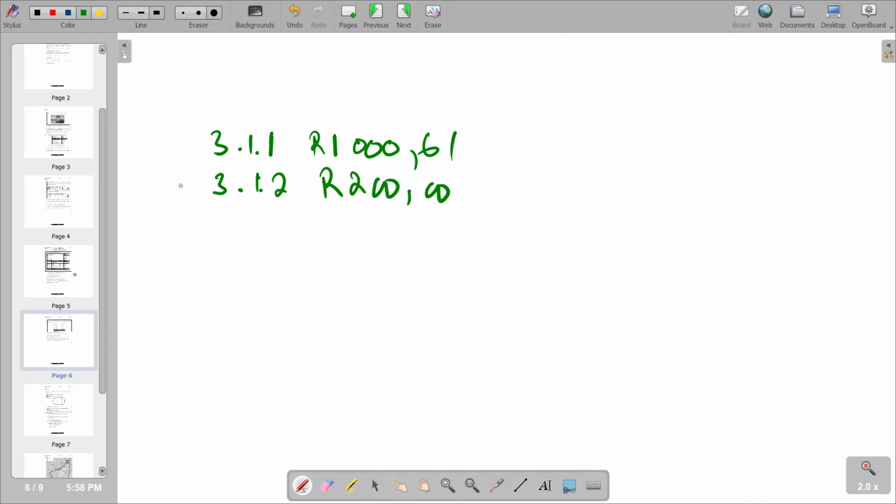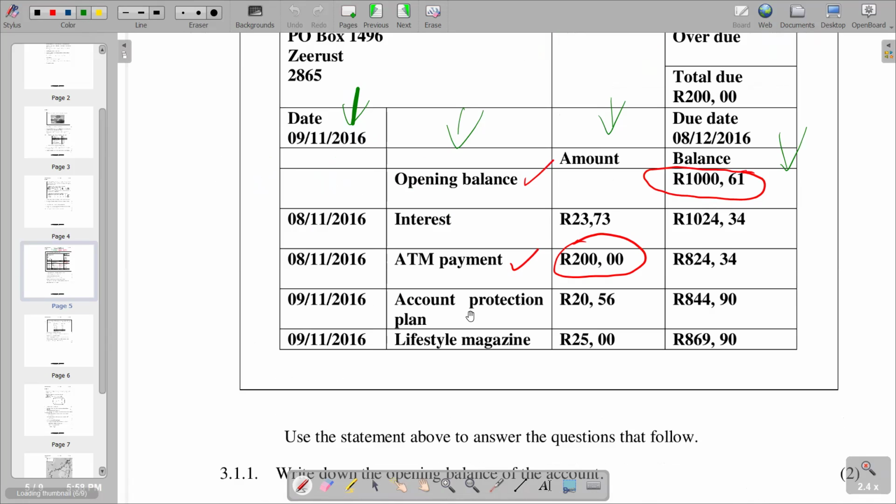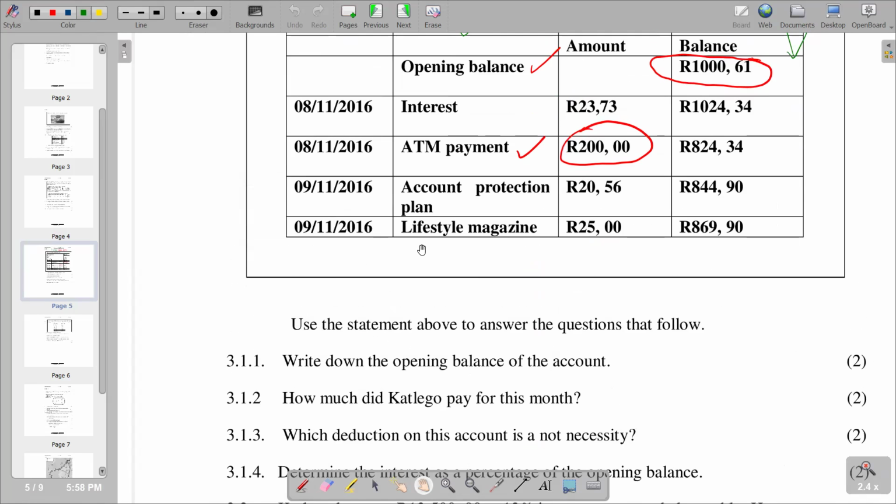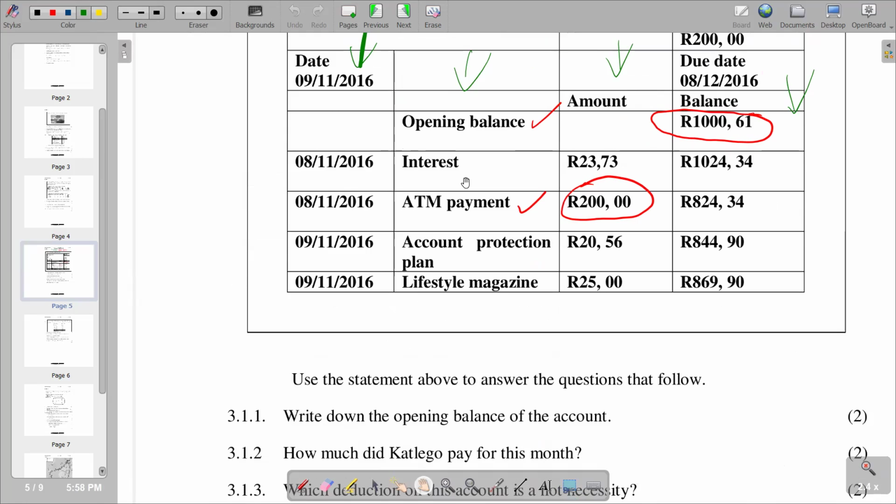Then I'm moving on to the next part of our question. The next question reads, which deduction on this account is not necessary? So it means which is not a necessity, which the person can just live without.